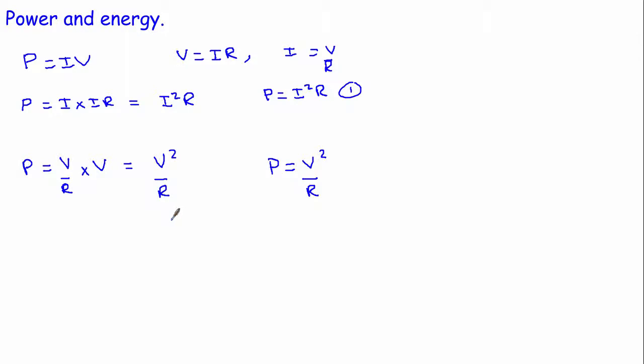Now the third thing I can do, the very last thing, is go back to our definition for power, which is P equals E over T, the energy divided by time. Sometimes I don't want to know the power, sometimes I want to know the energy. So all I have to do is work out the power and multiply it by however long the component is on for.